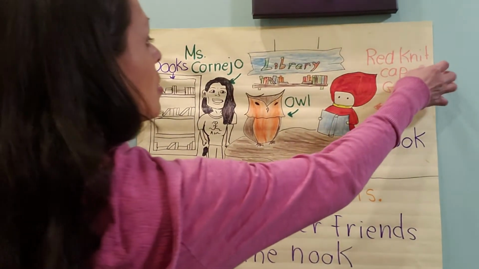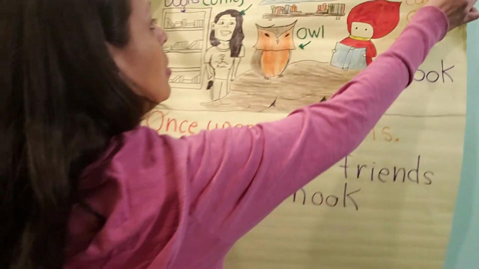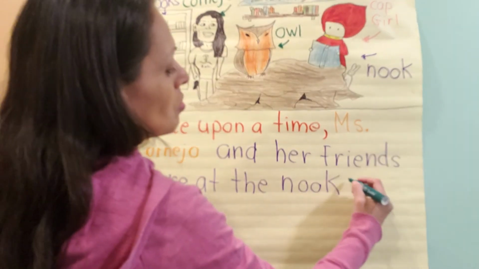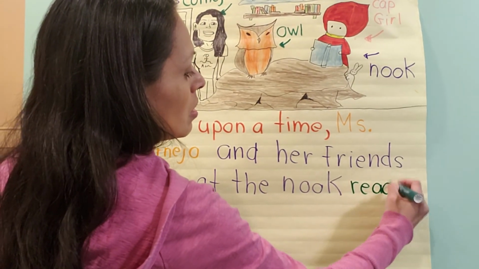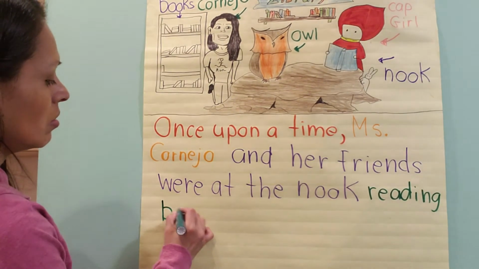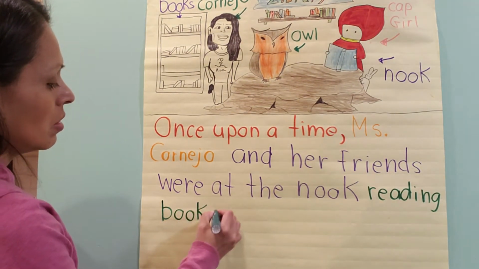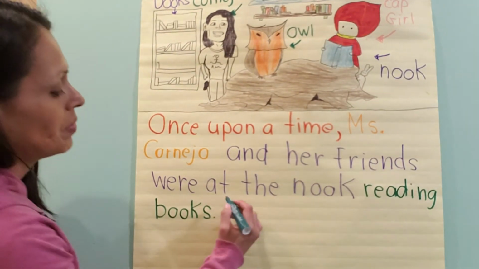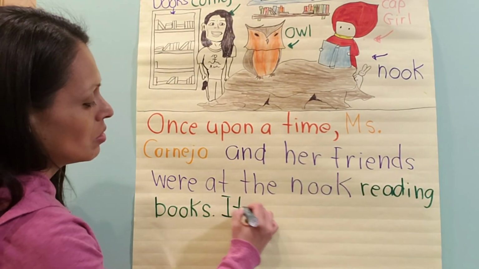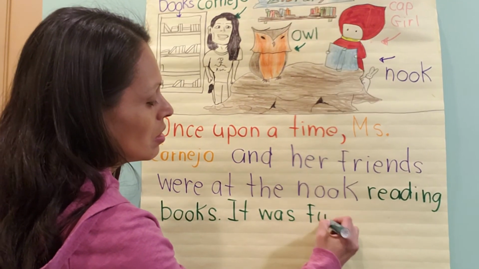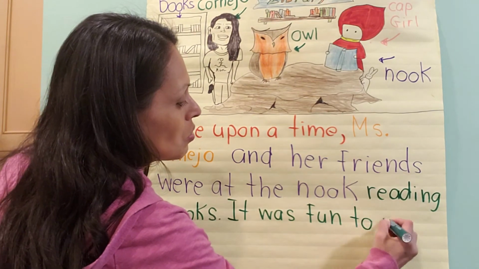So I'm gonna move this up a little bit so you can see. And at the Nook reading books. Okay. And then I could say it was fun reading books, right? It was fun to read.